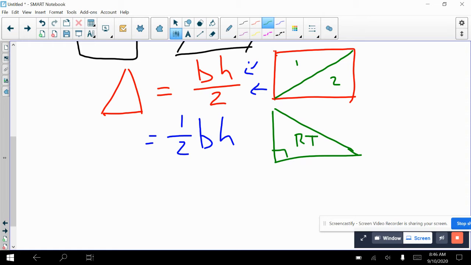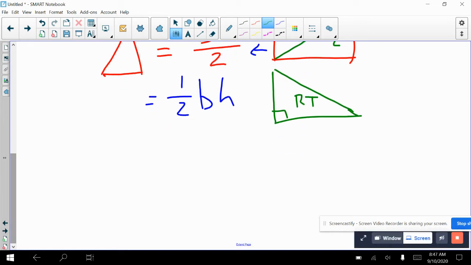Right triangle. All right. What other shape do we need? A trapezoid, yes.